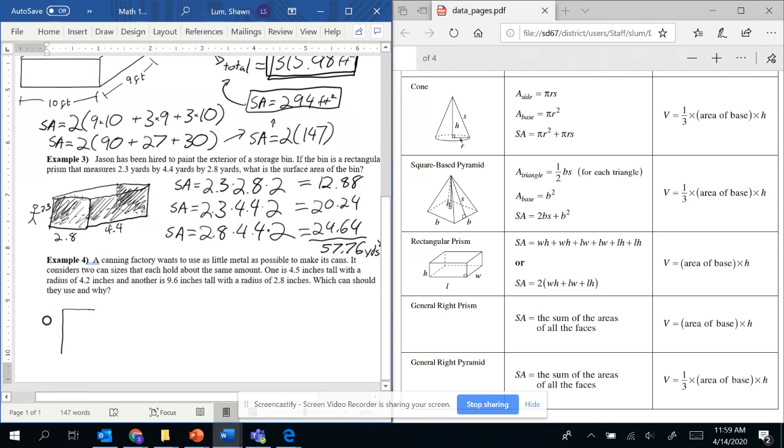So if that's the radius, and that would be the diameter. It's a very wide can. Okay, just going to erase this side.